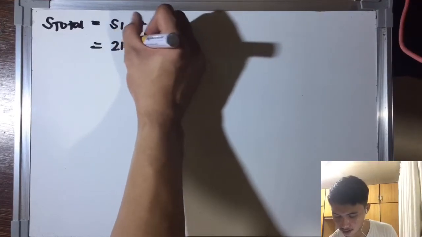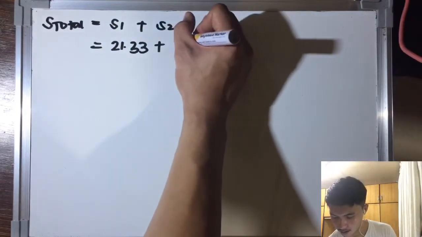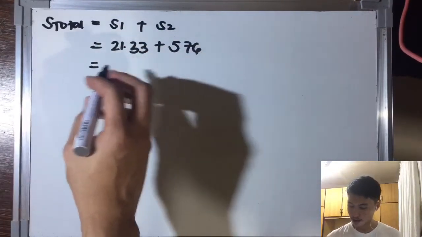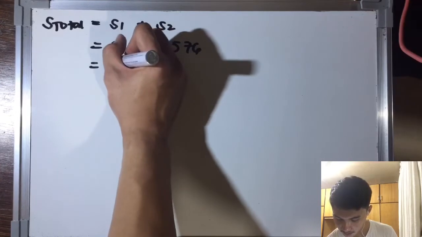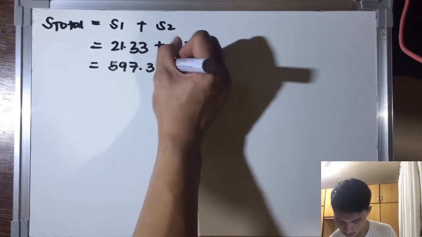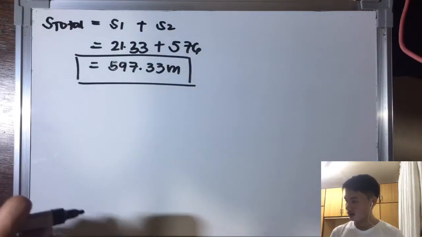S1, which is 21.33, plus our S2, which is 576 meters. Calculating this will give us 597.33 meters. So this is our value for the total distance.